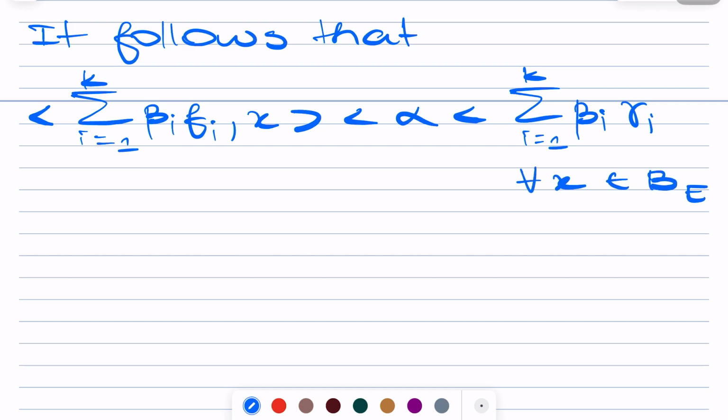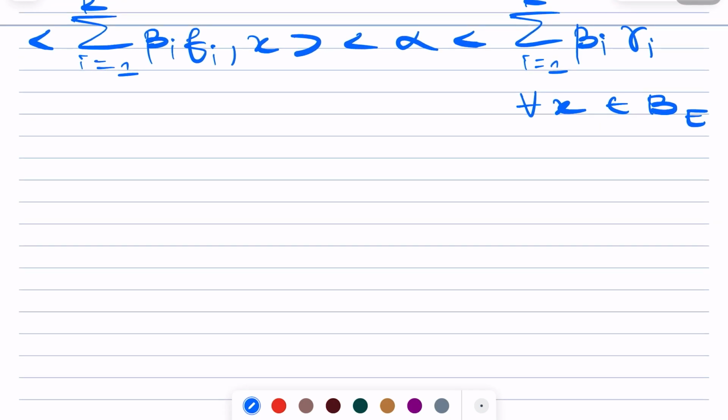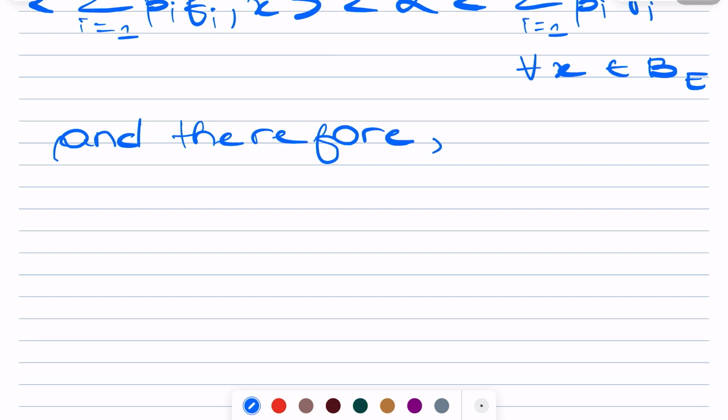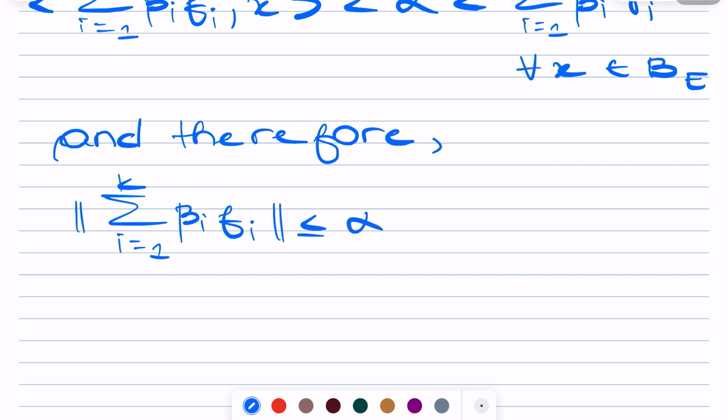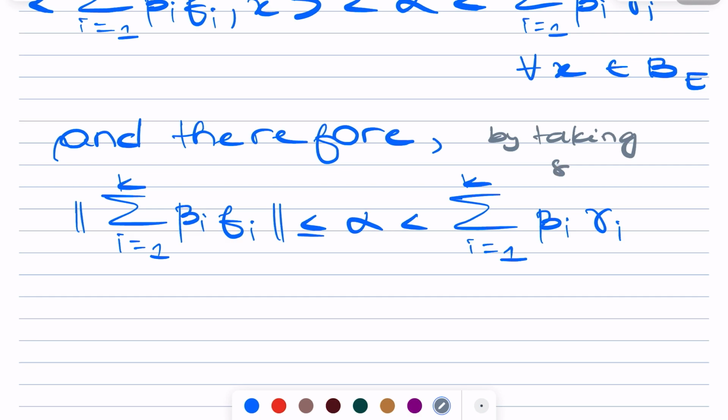Therefore, if you take the supremum over all the x in the closed unit ball, you get that the operator norm of the summation of beta_i f_i from 1 to k is equal to alpha, which is less than the summation of beta_i gamma_i from 1 to k, as I said, by taking the supremum over all the x in the closed unit ball.